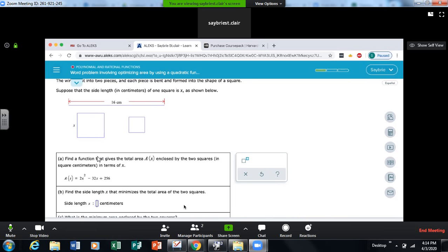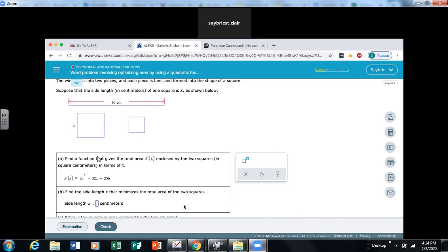And then if I take that function and plug in 8, I get 2 times 8 squared, minus 32 times 8.